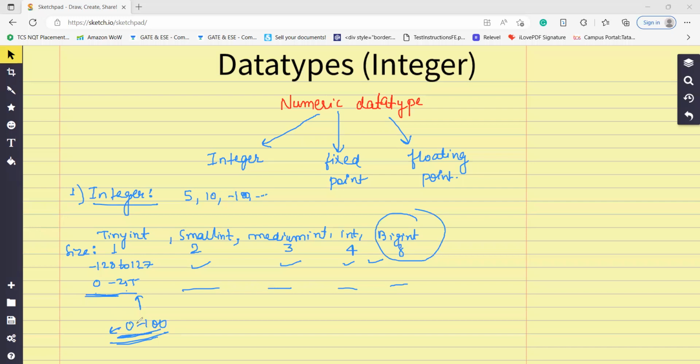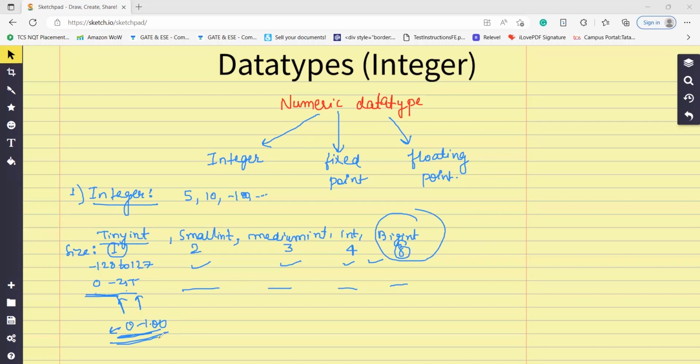So the range 0 to 100 will be included in 0 to 255. In that case, we'll be using tiny int, and the size takes just 1 byte. There's a very huge difference between 8 bytes and 1 byte.